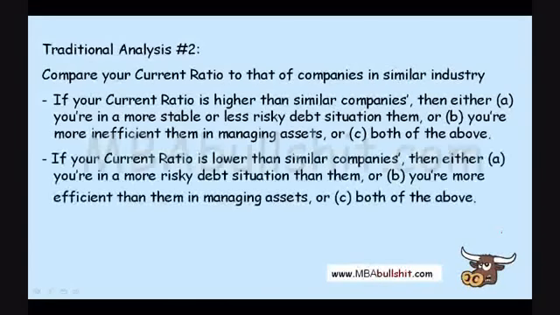If your current ratio is lower than similar companies, then either you're in a more risky debt situation than them, or you're more efficient than them in managing assets, or both of the above. Okay, so simple as that.